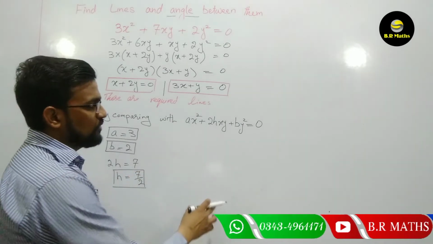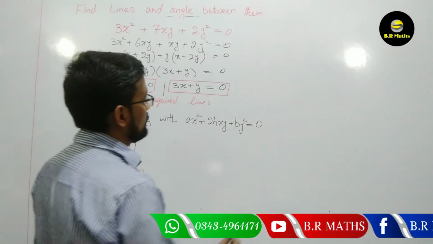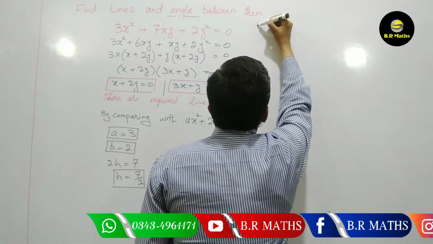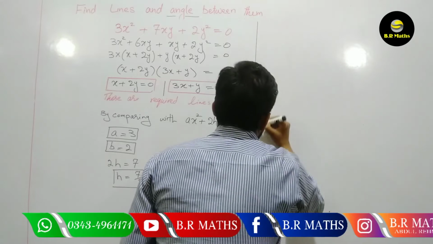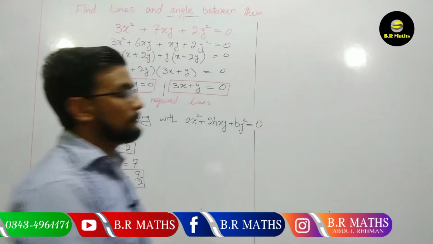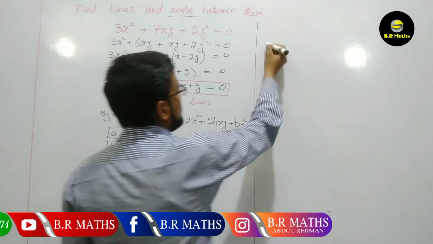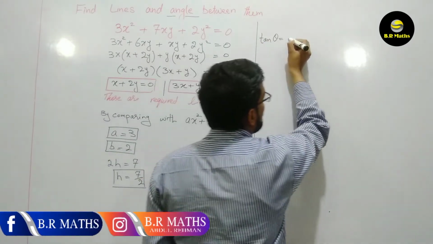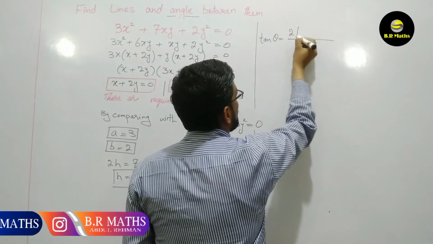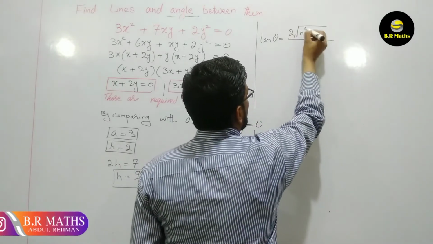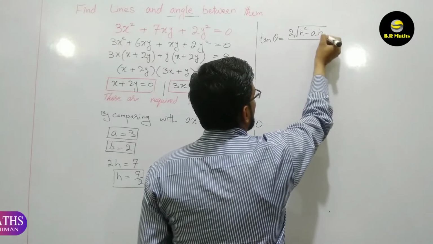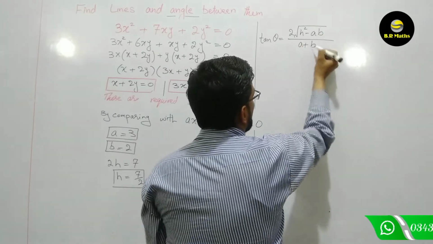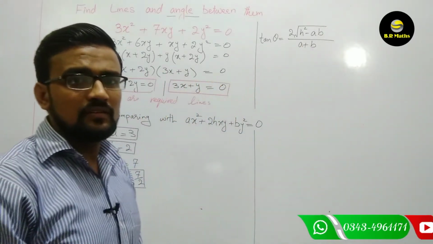So apply the formula for the angle between them. The formula is tan theta equals 2 square root of h square minus ab, over a plus b.